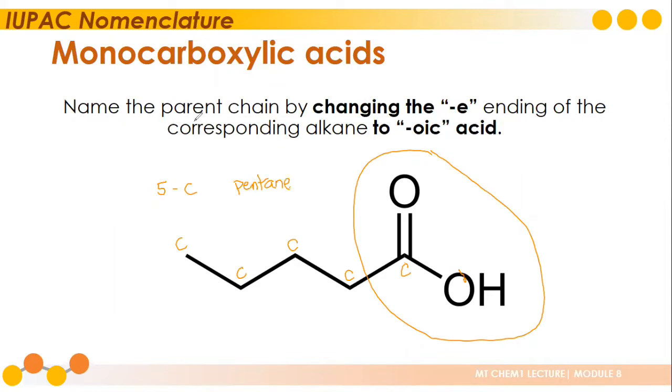But it says here to name the parent chain by changing or dropping the E. We need to drop the E and change it to oic acid. So our name now for this compound will be pentanoic acid.